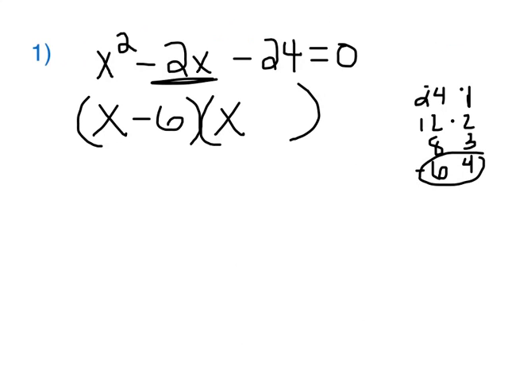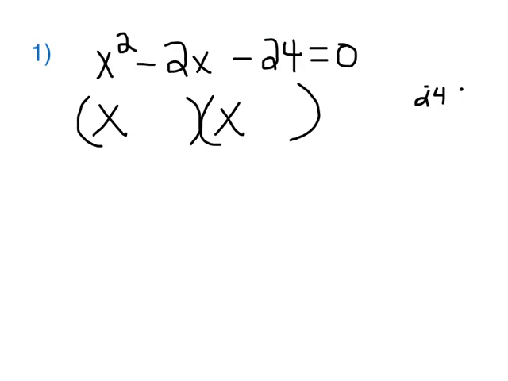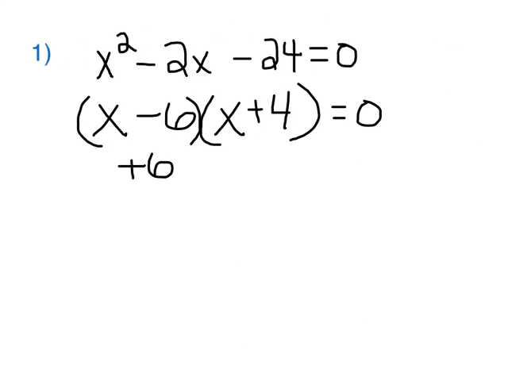So x minus 6 and x plus 4 equals 0. And now we'll solve. Our two answers are a positive 6 and a negative 4.